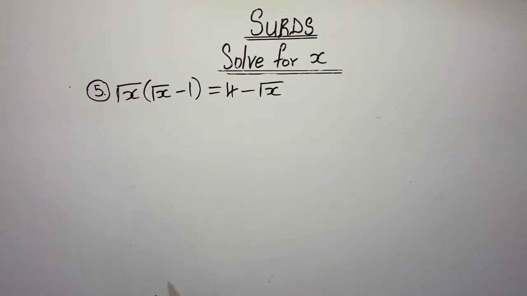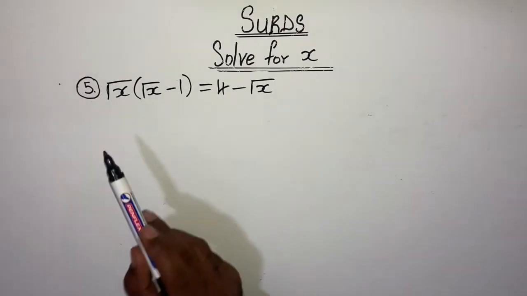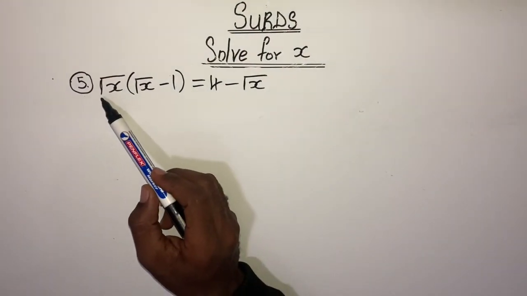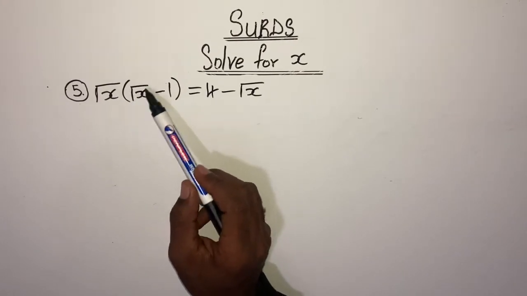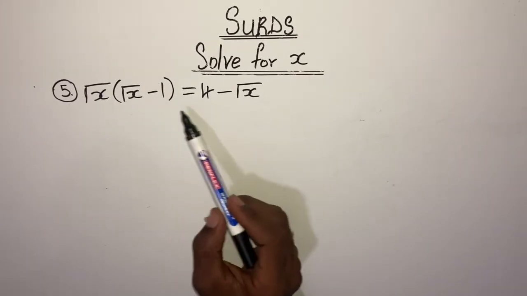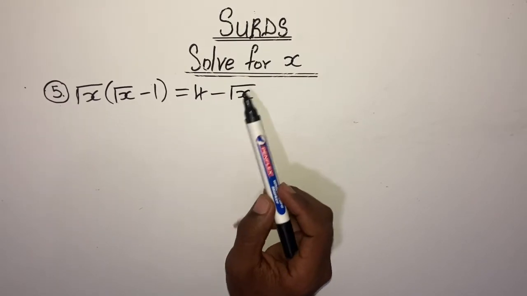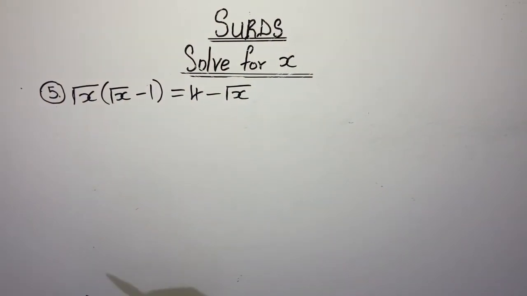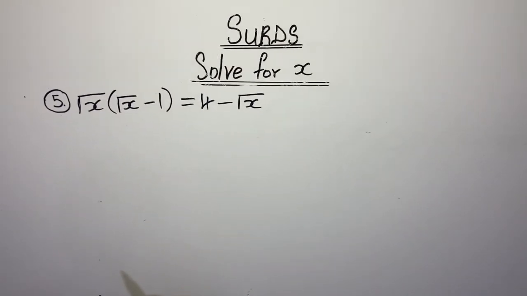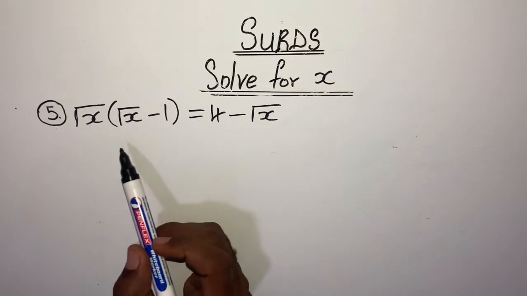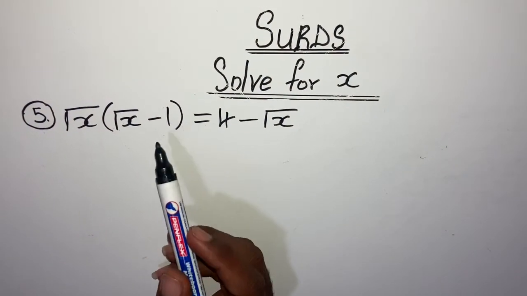We are now on our fifth sum. The sum we have is root of x, open bracket, root of x minus 1, close the bracket, equals to a 4 minus the root of x. Okay, so for this sum, we will have to firstly deal with the brackets because of the BODMAS rule.